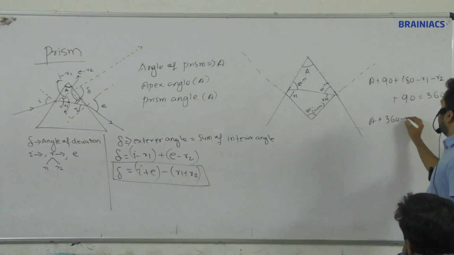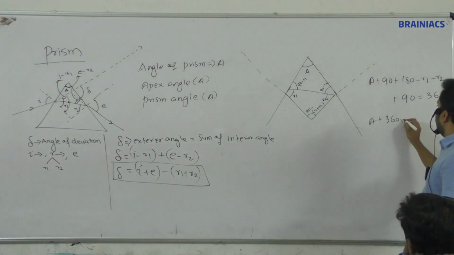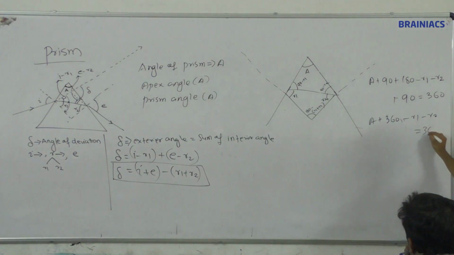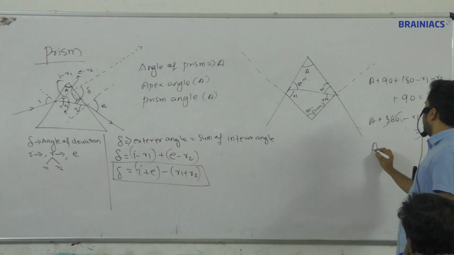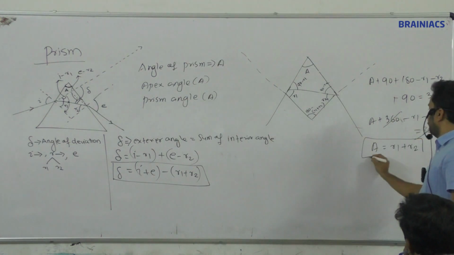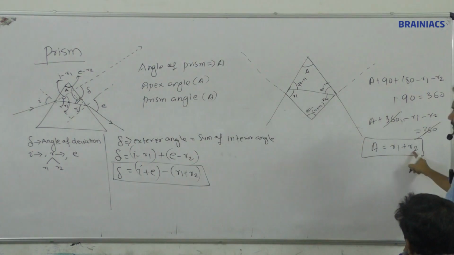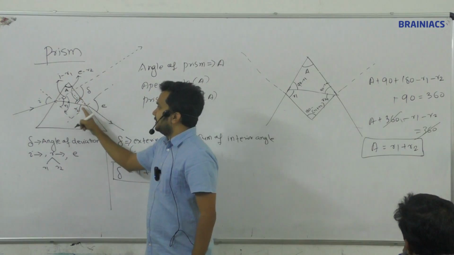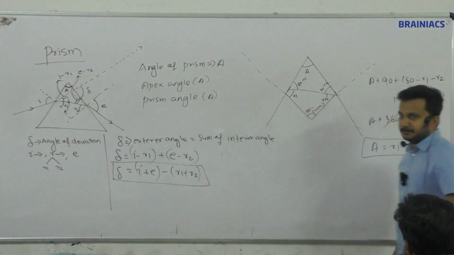So A plus 360 minus R1 minus R2 is equal to 360. The 360 goes out, so A is equal to R1 plus R2. Which means the angle of prism is equal to the first refracting angle plus the second incident angle.